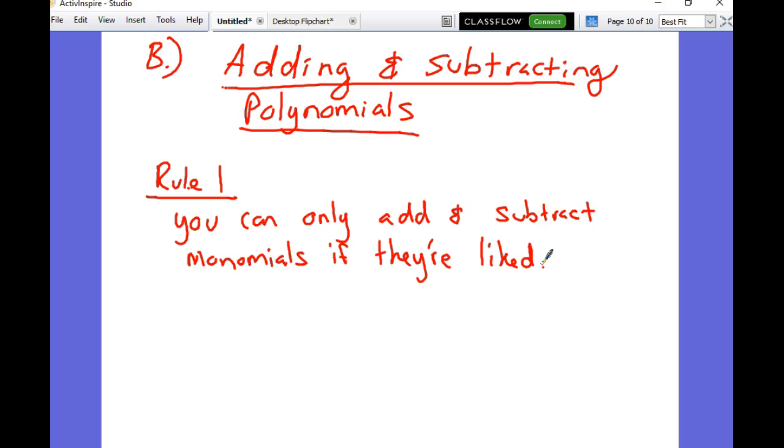So now you might wonder what makes two terms like terms. So what are like terms?